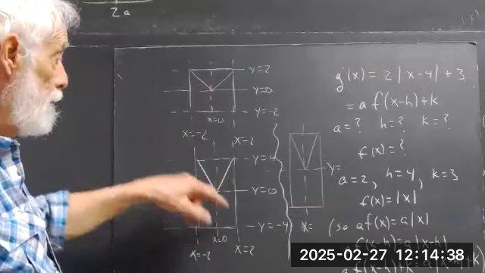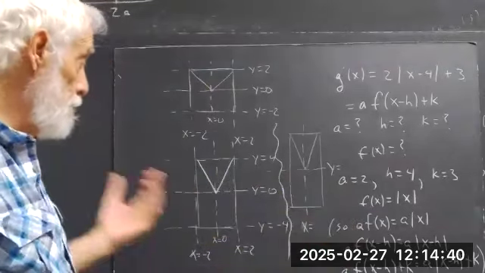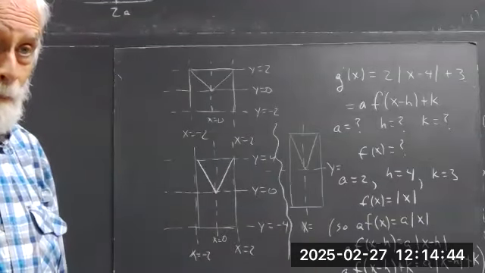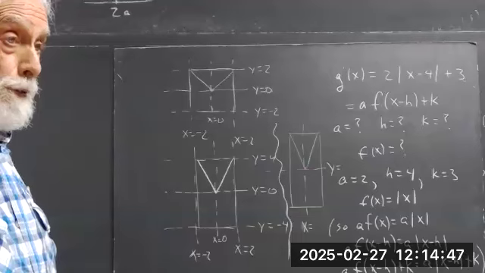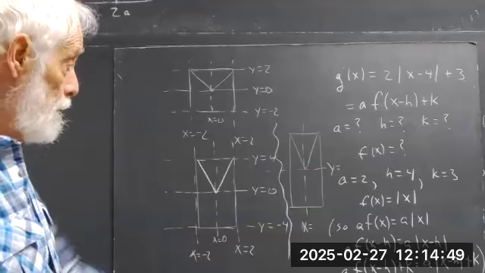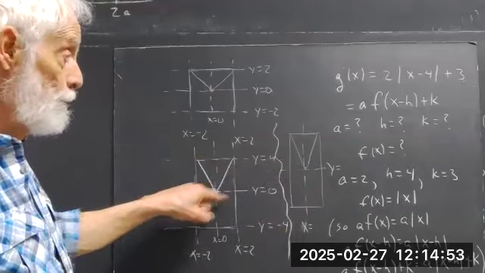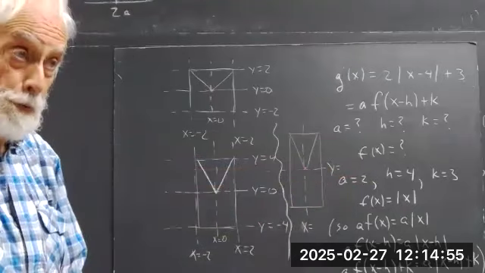Now y equals 0 here and here, but we've now shifted horizontally 4 units and vertically 3 units, right? So if I shift horizontally 4 units and vertically 3 units, what's y going to be? It was 0, and we add 3 to that, we get y equals 3.